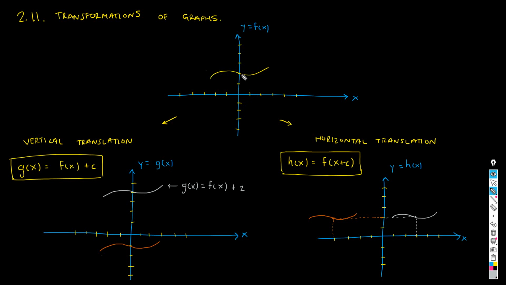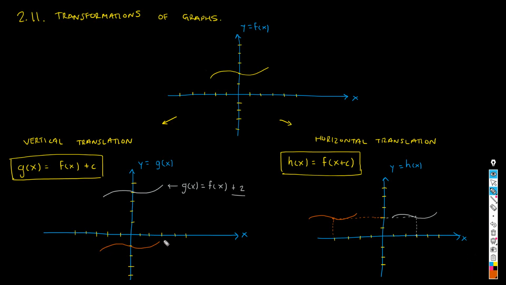Can you see? This one crosses at 2, this one crosses at 4. So there's a displacement of 2 units upwards, and that's why we can make sure that this function is g of x equals f of x, the same as this, plus 2. This is the new thing. This is the thing that produces the displacement upwards by 2 units.